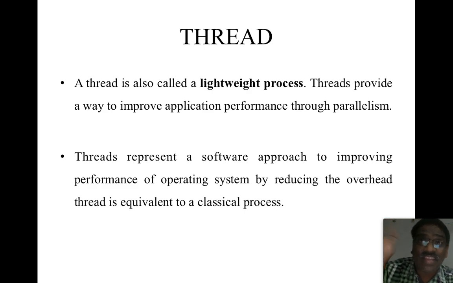What is meant by classical process? Classical process means whenever you want to execute one function, only that function has to be retrieved from the secondary storage device to the primary storage device. It means when you want to execute a program, it is stored in secondary storage. For example, in the C drive you store prime.c.